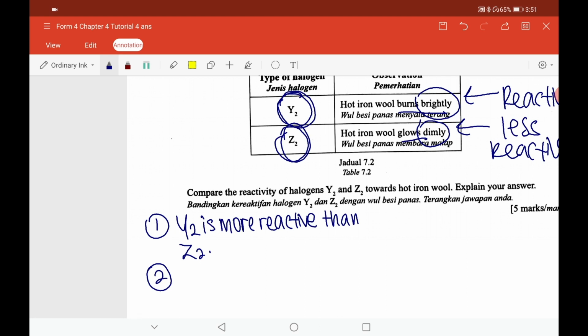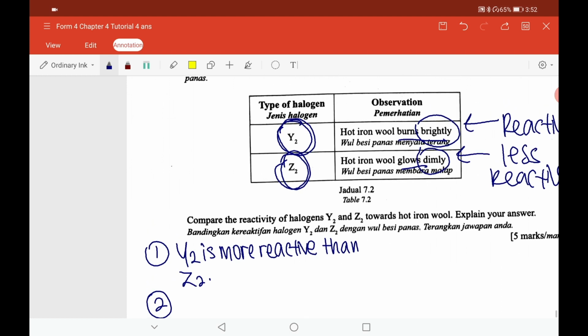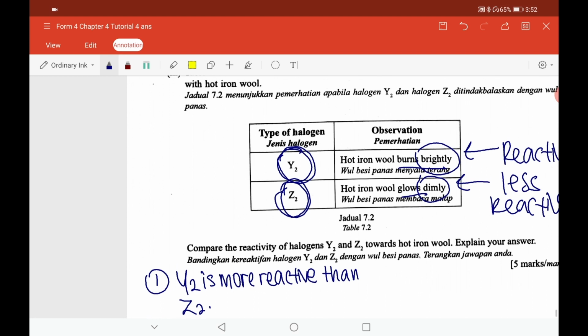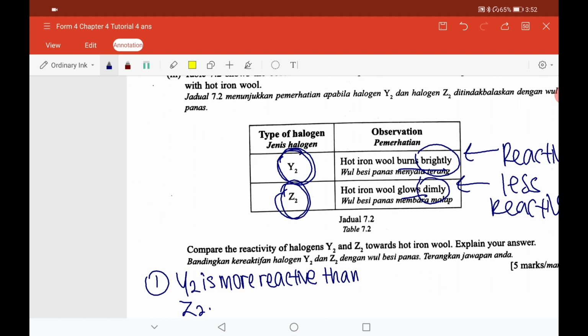Then you need to start to explain. How to explain about reactivity? Reactivity must talk about nuclear attraction. And we know that for halogens, chlorine, bromine, iodine, fluorine, going down the group, it becomes less and less reactive.